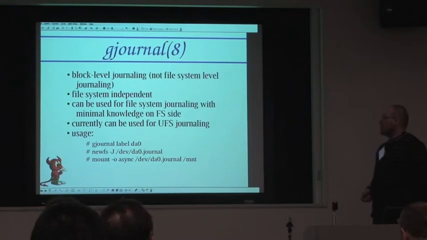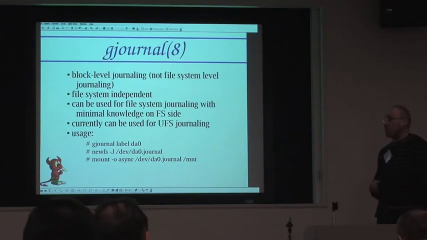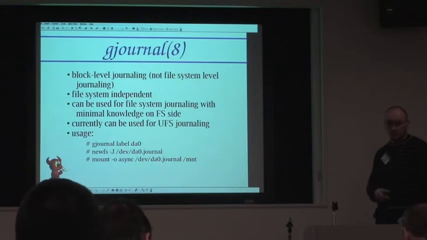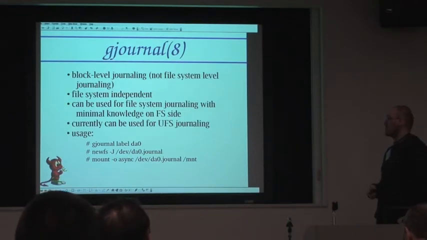Okay, we have GJournal. GJournal basically provides block level journaling. It's not file system journaling. People easily confuse that because most of the time we just see file system journaling. GJournal is not file system journaling. It basically journals everything on the block level.